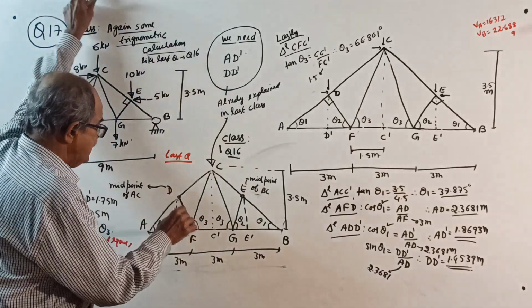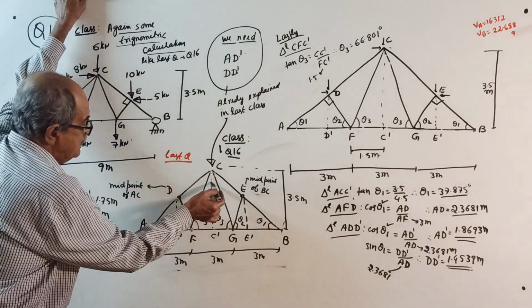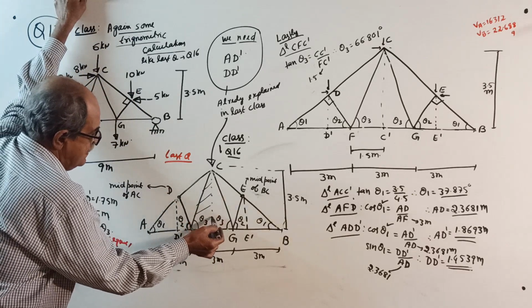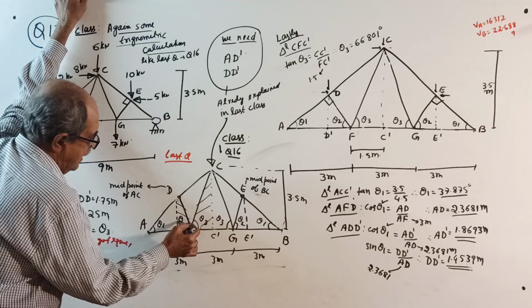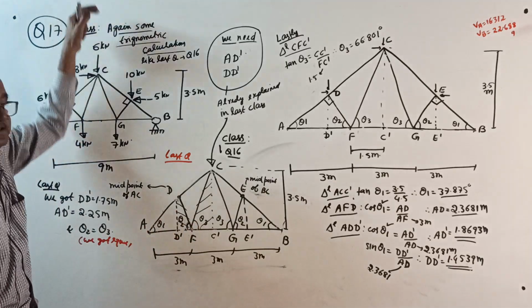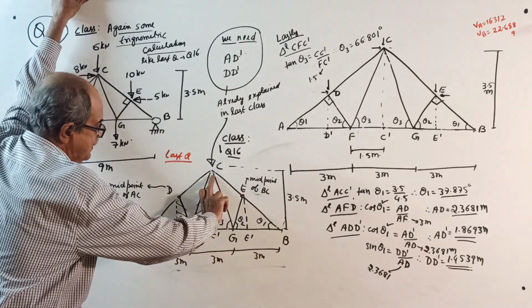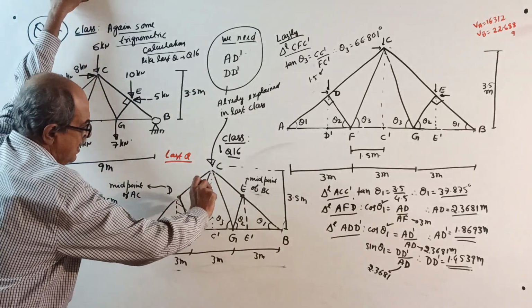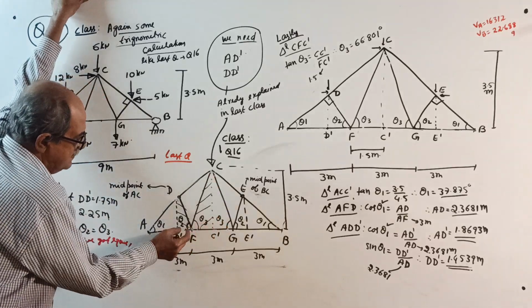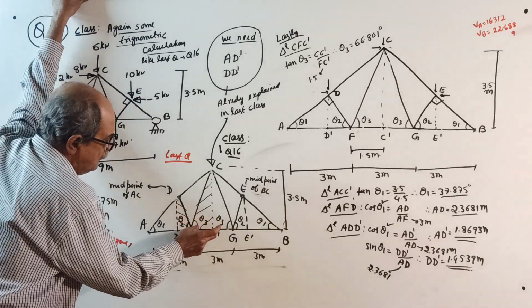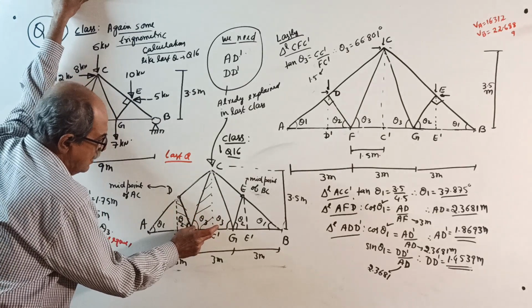Why equal? Because this triangle and this triangle are similar triangles. This height is half of this height, and this base is half of this base. Why half of this base?